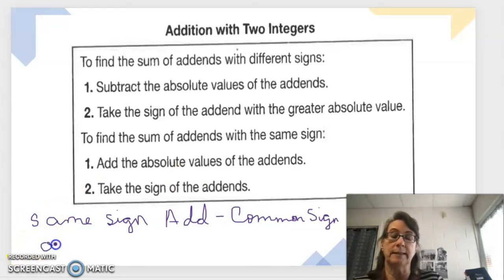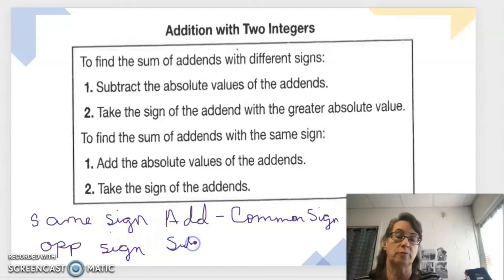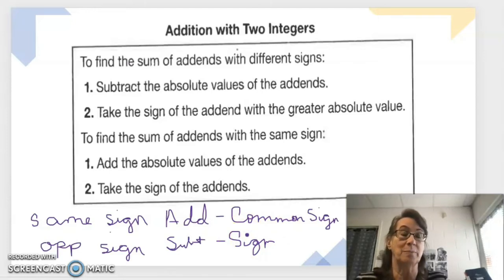Okay, if we have opposite signs, we're going to subtract the two absolute values and take the sign of the larger of the two absolute value numbers, because that one is like a tug-of-war, pulling harder in its direction.